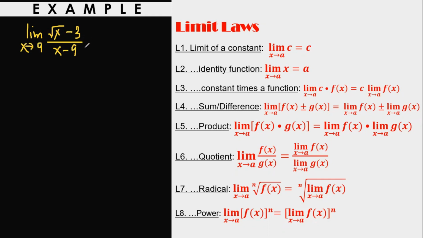Now try to look at the given example. As you can see, when we substitute the 9 for x, this will become 0, right? If our denominator is 0, it will become undefined. So what are we going to do so that it doesn't become undefined? We will be applying the conjugate.